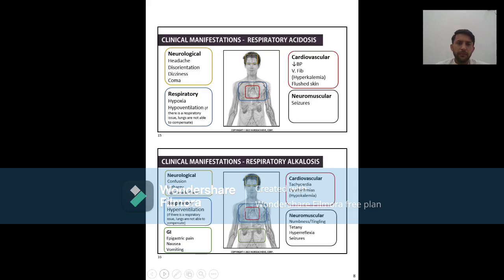In the GI system, epigastric pain, nausea, and vomiting are associated with respiratory alkalosis. In the cardiovascular system, tachycardia and dysrhythmia are associated with hypokalemia. In the neuromuscular system, numbness, tingling, tetany, hyperreflexia, and seizures are also caused by respiratory alkalosis.